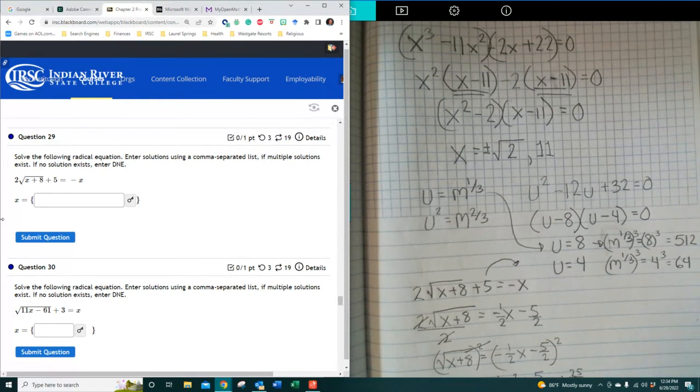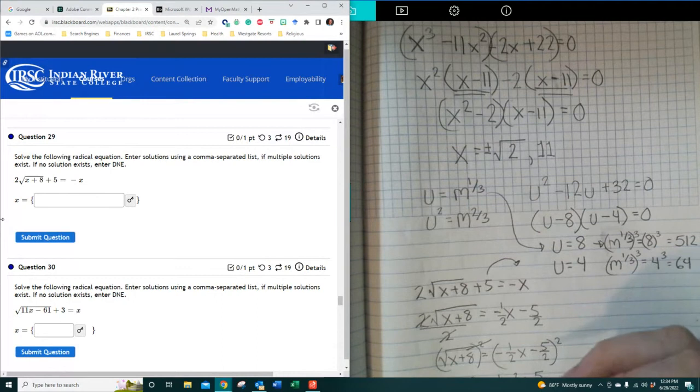Now, if we want to have the same denominator for everything, we could do that. But since we've gone through the trouble of this, we want to kill the fraction now. So we're going to multiply everything by 4.